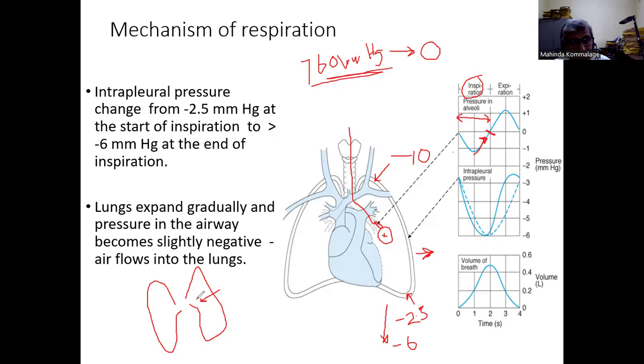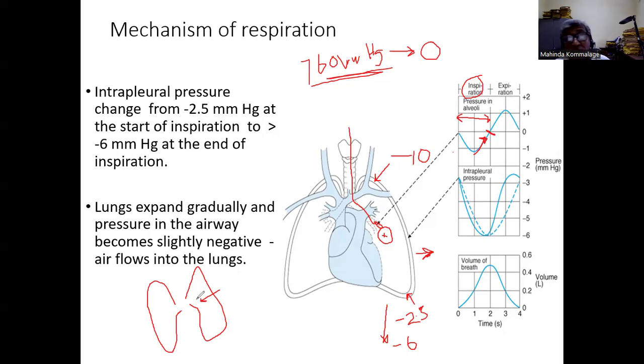A rubber band, we can stretch it, and when we release it, it will go to the original position. Underwear is also the same. We can expand it and wear it, and when we remove it and put it on the rack, it will go back to the original position.